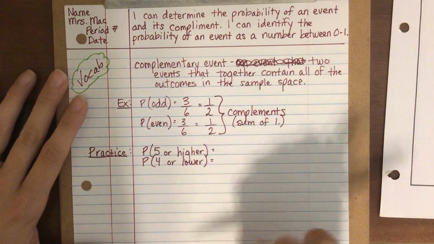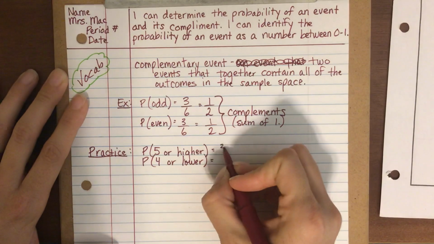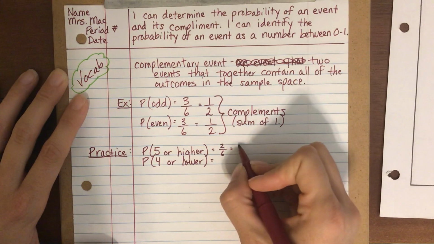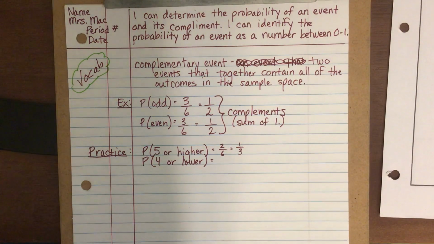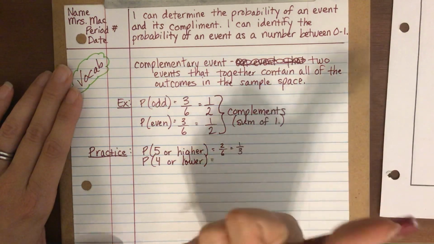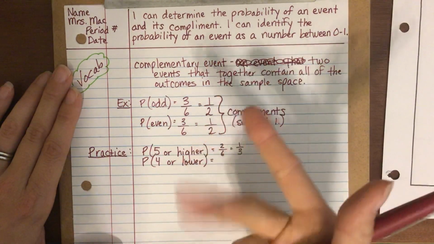For 5 and higher, so that means 5 and 6. That's 2 possible outcomes out of 6 total. And when we reduce this fraction, we get 1/3. So the probability of rolling a number that's 5 or higher is 1/3. Now let's do the probability of 4 or lower. So that's 4, 3, 2, and 1.